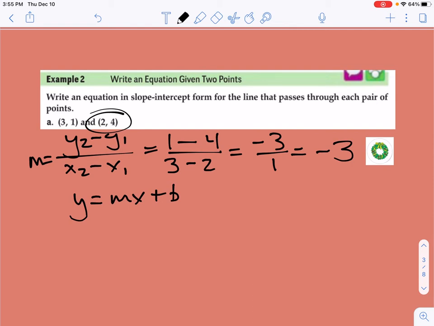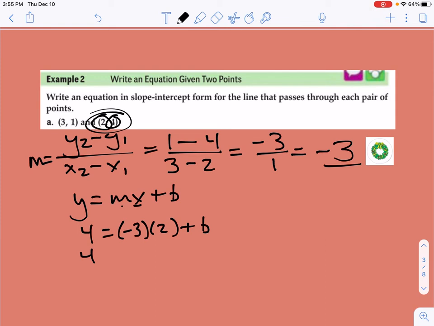So where you see y, I'm going to put the point 4. I'm going to put 4 in there. Where I see m, I'm going to substitute in negative 3. Where I see x, I'm going to substitute in 2, and then plus b. And again, I could use the other point too, and it would get me to the same place. It doesn't matter. You just pick one of them.